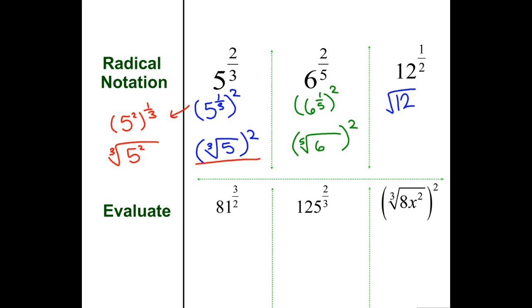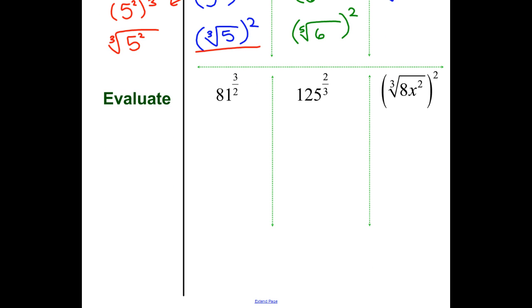All right, so now this is what I was talking about when I said it depends on which one's easier. If we look at this, I'm going to rewrite this as 81 to the 1/2 power cubed. The reason I'm going to do 81 to the 1/2 power first is because the other option is 81 cubed to the 1/2 power. Now in your head, can you do 81 times 81 times 81?